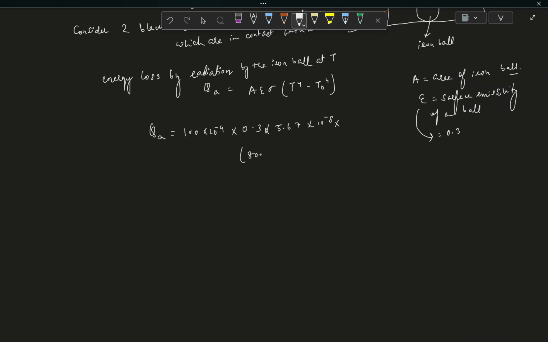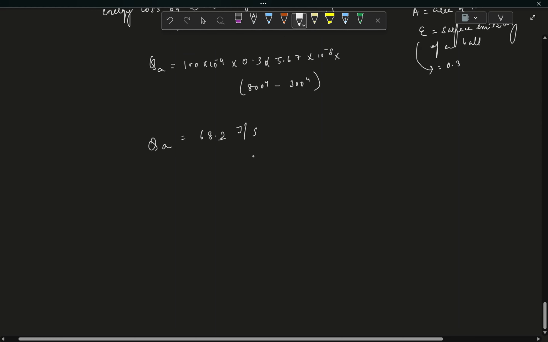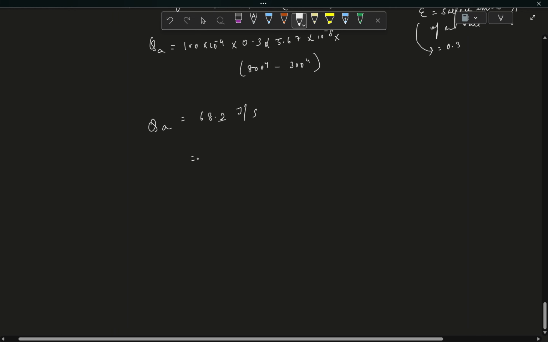So T is 800 Kelvin, which is 800 to the power of 4, and T naught is 300 Kelvin, which is 300 to the power of 4. So from here you get Q_A is equal to 68.2 joule per second, because it is always in per unit time units.